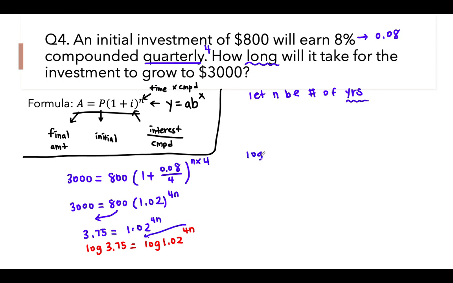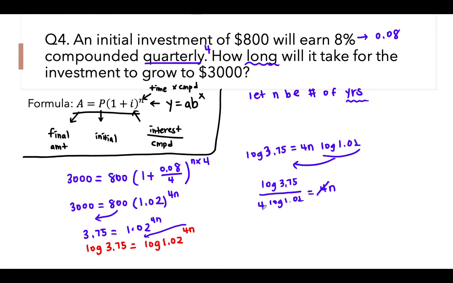So log 3.75 equals 4n times log 1.02. So I'm going to bring log 1.02 to the other side to isolate for n, and then we're also going to divide it by 4. So log 3.75 divided by log 1.02 equals 4n. But I could divide by 4 on both sides.